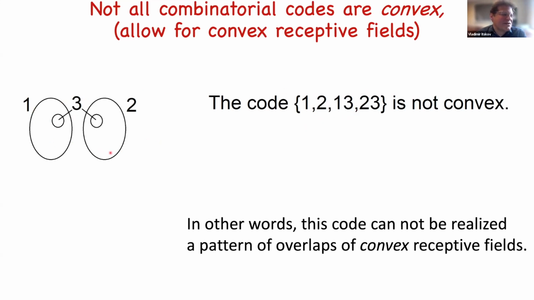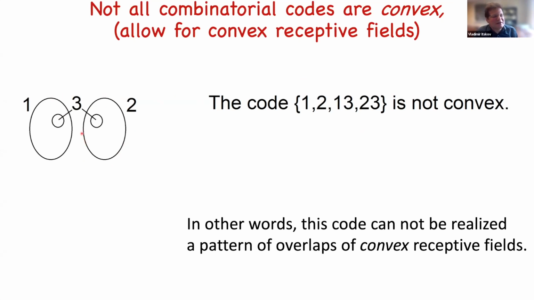So this is a nice depiction of how one would arrange the receptive fields. And here you see receptive field number 3 is forced to split into 2 separate pieces. So this is clearly not convex. It's not unimodal, right? And one can prove that generically this code cannot be represented by convex receptive fields.